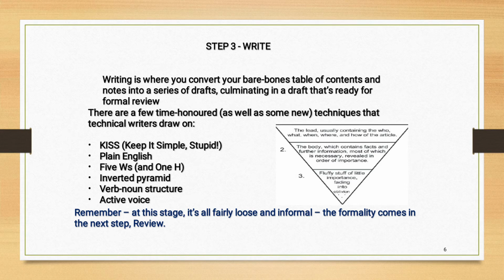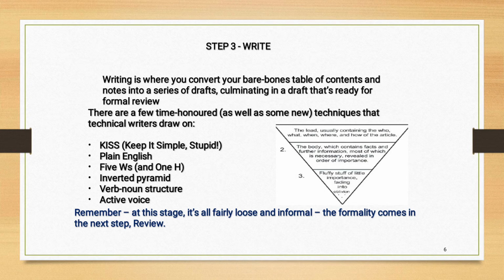Next, we have the inverted pyramid technique. The inverted pyramid, as the name suggests, starts with the broadest and most important perspective. Please follow the figure on the right hand side. It keeps narrowing down, and it ends with the least important things.